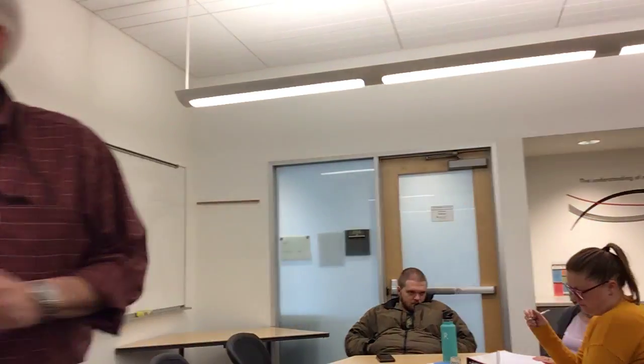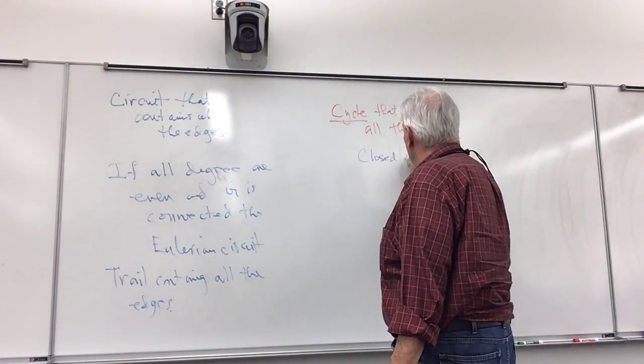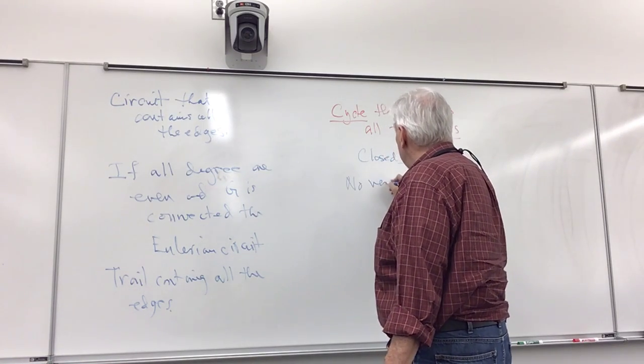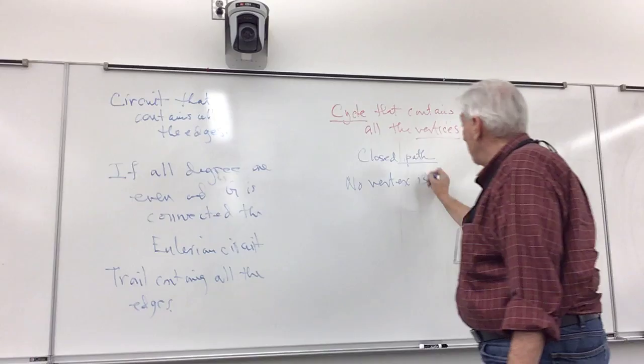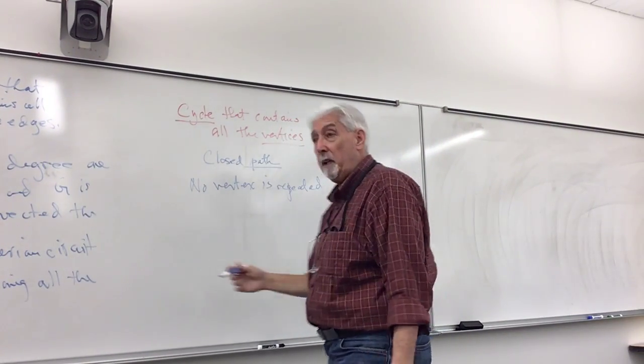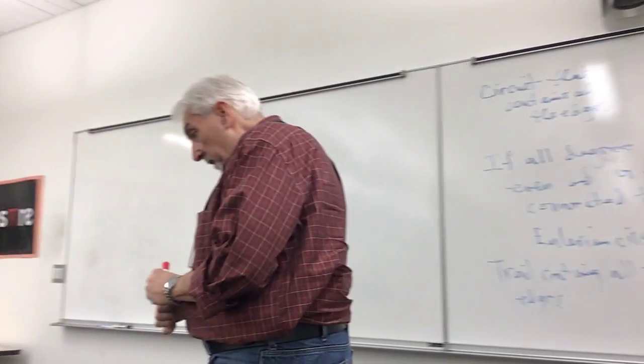A closed path. Okay, a closed path, and in particular, no vertex is repeated. Of course, if no vertex is repeated, then no edge can be repeated. So that comes for free.